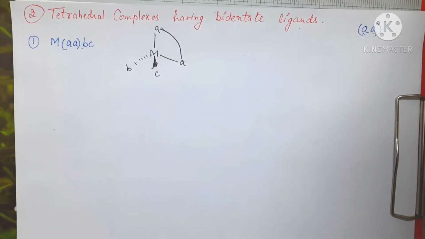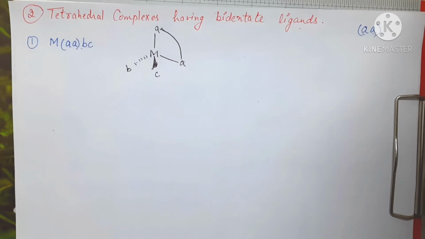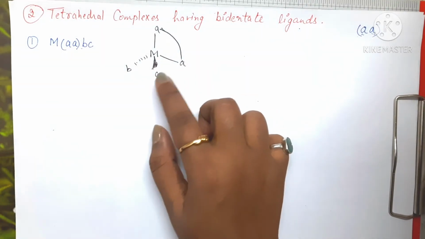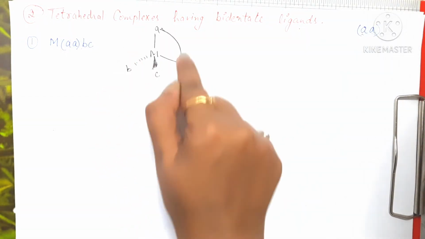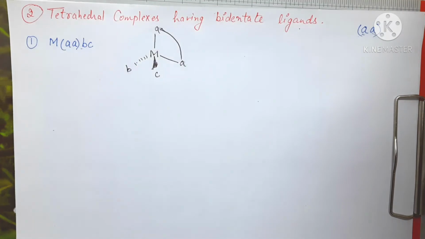So here what you're going to observe is that if by chance I change one of the positions, what you know is that in tetrahedral complexes all four positions are at the same angle, 109 degrees 28 minutes.